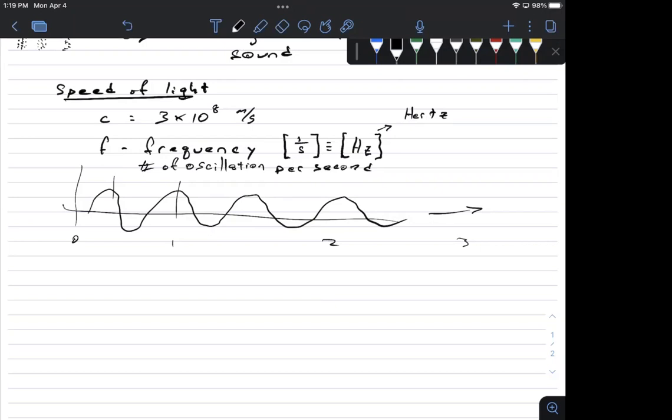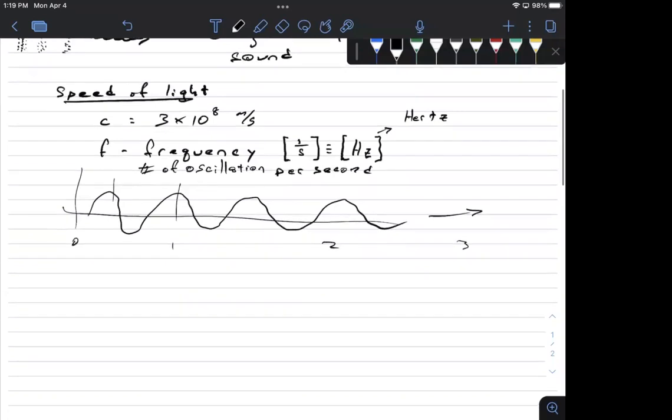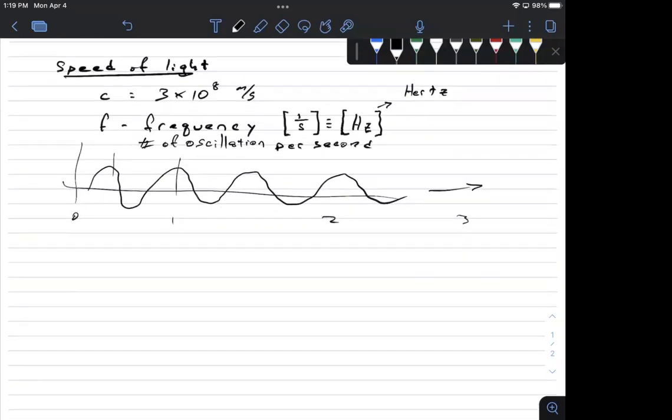So that's the first or second characteristic. We have the speed of the wave, and we have the frequency. Now, everything I'm talking about here, although I'm talking in the aspect of light, also counts for all waves. I could be talking about water waves or waves on a string, whatever. All waves have these characteristics. All waves have a certain speed. So like sound, a sound wave has a speed.